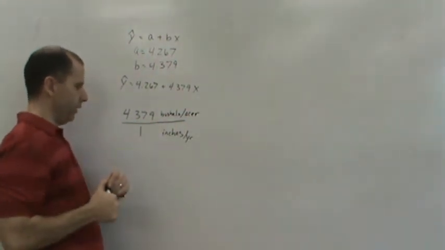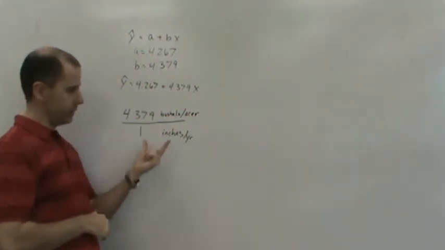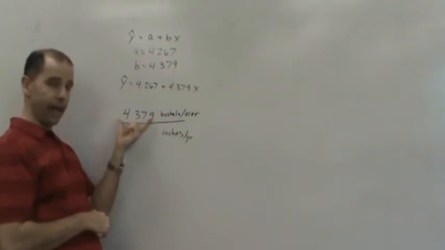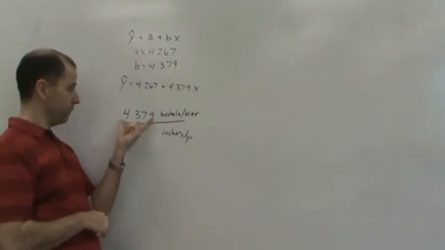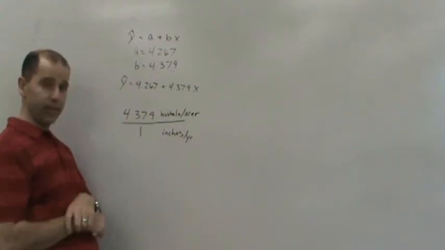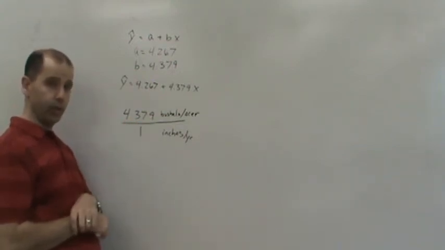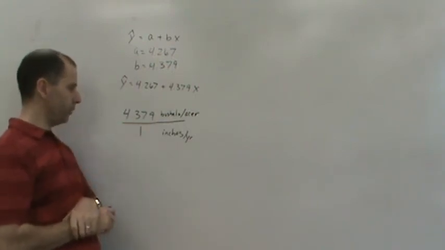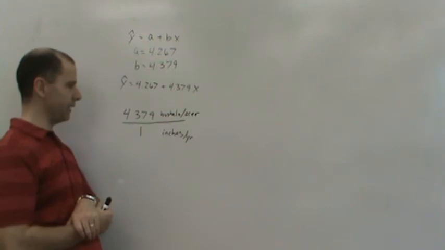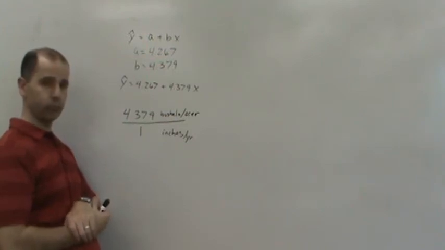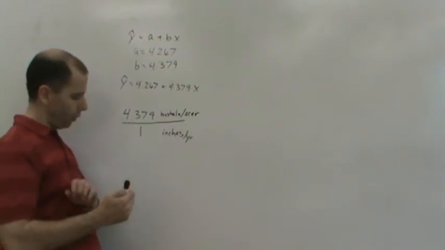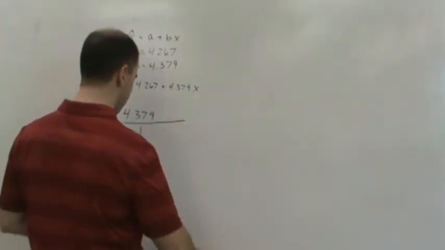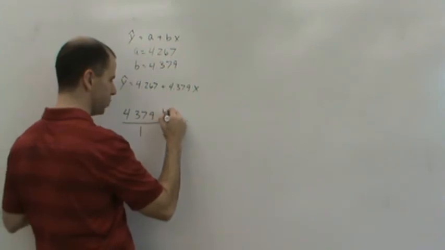Okay, so for every 1 unit increase in inches per year, I will have an increase in yield of about 4.379 bushels of wheat per acre. And if you just want to simplify it, just bushels of wheat, because it's assumed to be per acre.